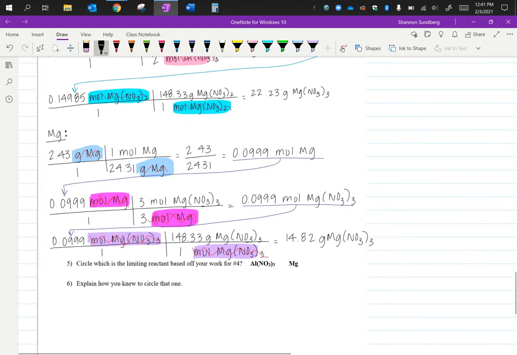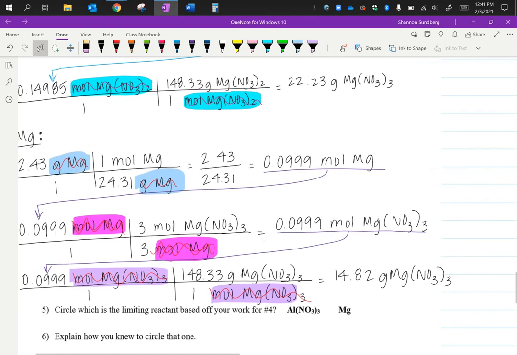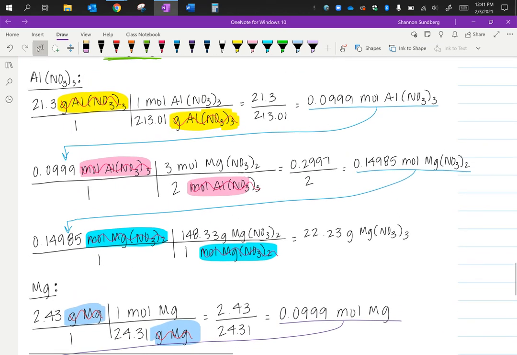Well, now we need to compare our answers. So this is saying that if you use up 100% of your first reactant, this is the maximum amount of product that you can make.